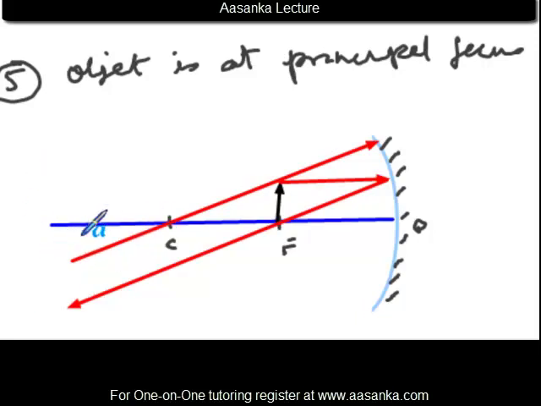It's obviously inverted because the tip of this will come down, this is going down, and this bottom will be here, tip will be in this direction, so it's inverted. So it's formed in front of the concave mirror, though because rays are parallel they are not meeting in real space, actually they'll meet at infinity, so you'll say that image is formed at infinity.